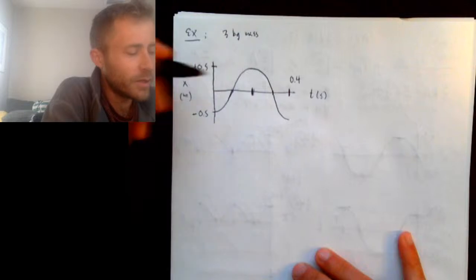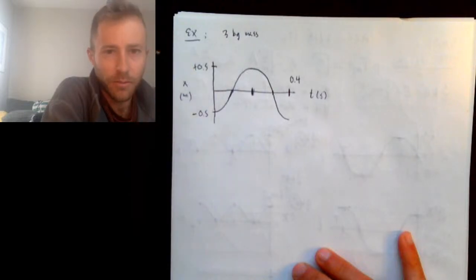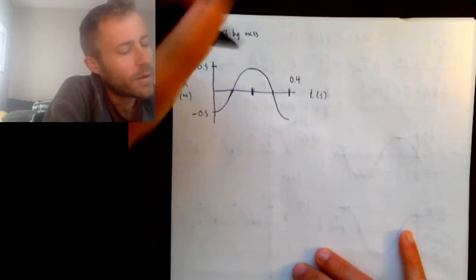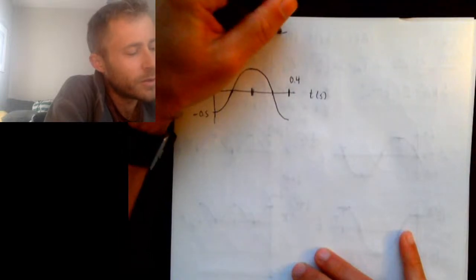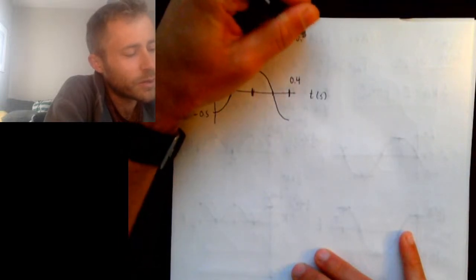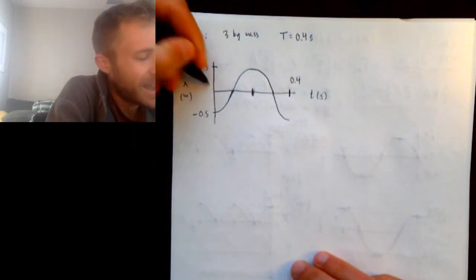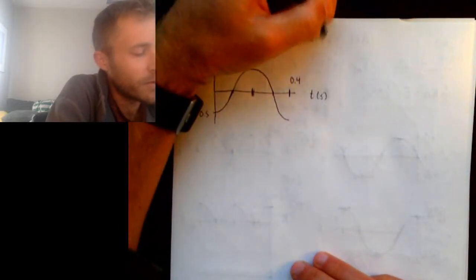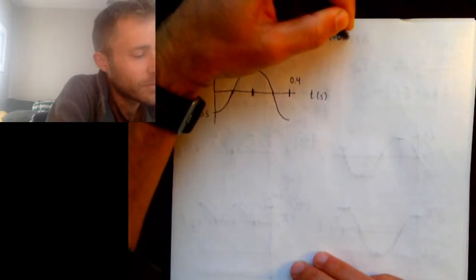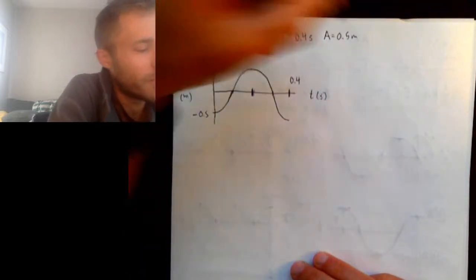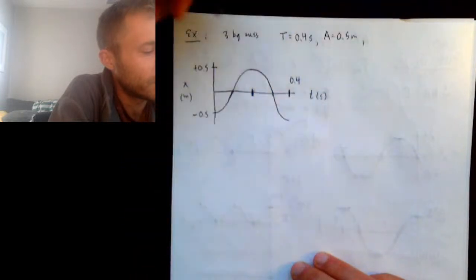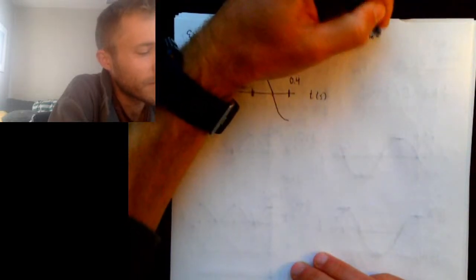Okay, so from this graph, we can immediately get a little bit of information. First of all, we see that the period is 0.4 seconds. All right, we see that the amplitude is 0.5 meters. And of course, we know that the mass is 3 kilograms.